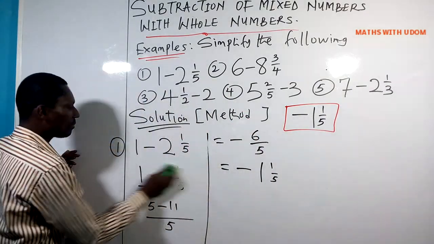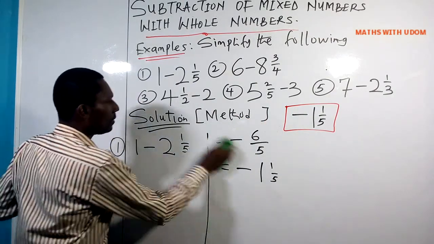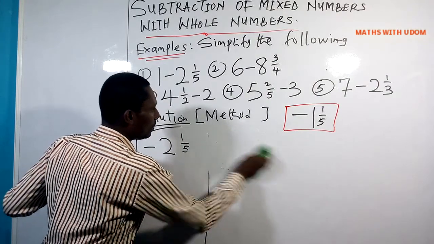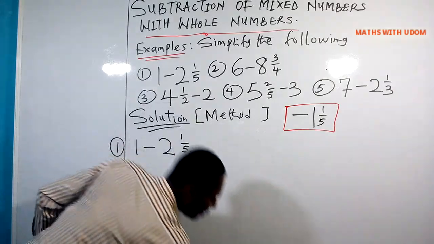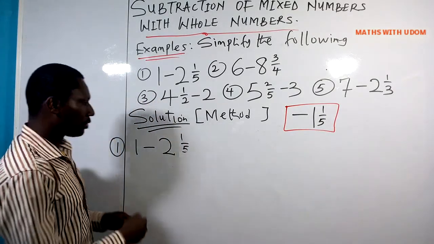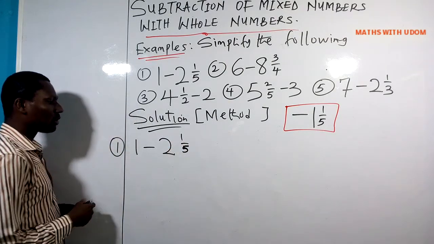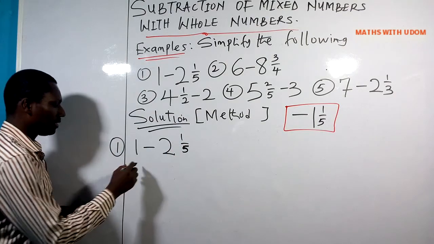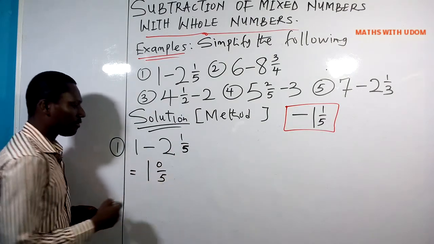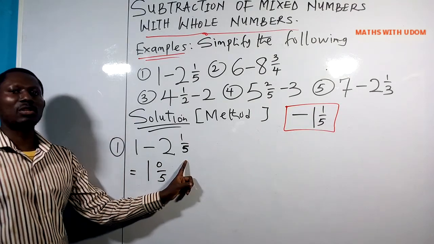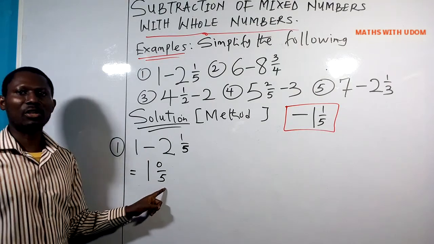On how to solve the same question. Okay, so to solve this, we have this. Now, we are going to rewrite this 1 whole number this way. We are going to write it like 1 whole number 0 over 5, because the denominator for the other mixed fraction is 5. So we want to give this whole number a fraction of its own.